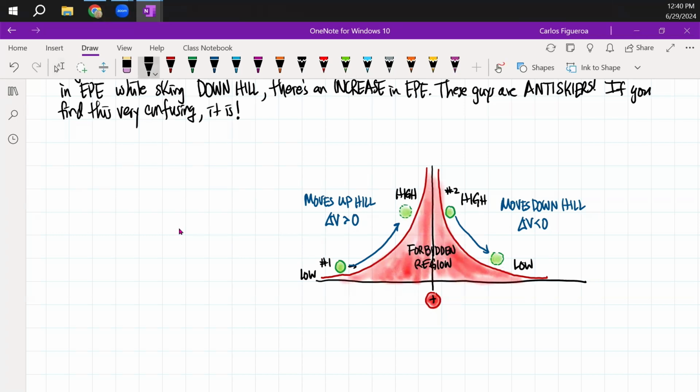So this guy is going to be negative. And so what you're seeing here, as it moves up, the potential actually decreases, not increases. And as it's going down the hill, the potential increases, not the other way around.